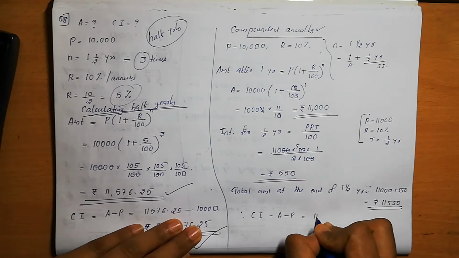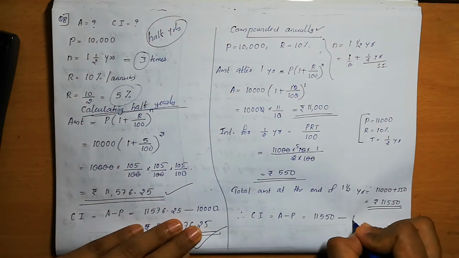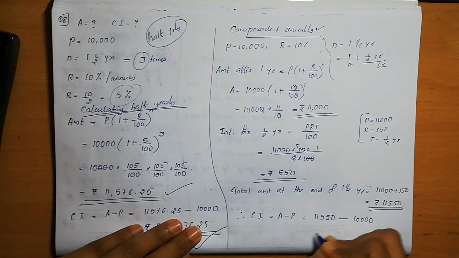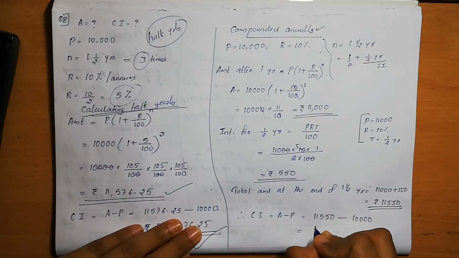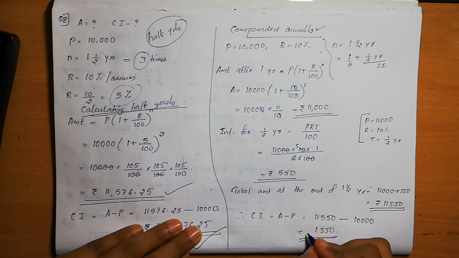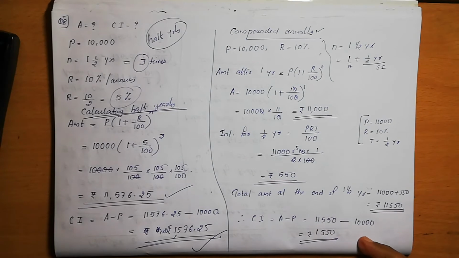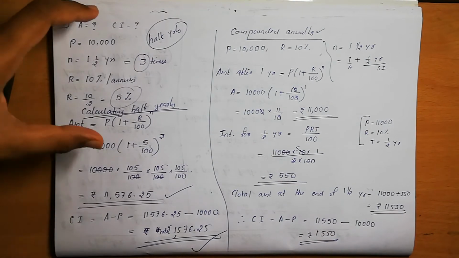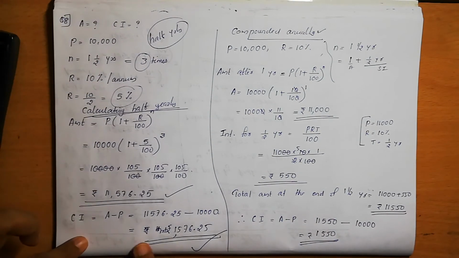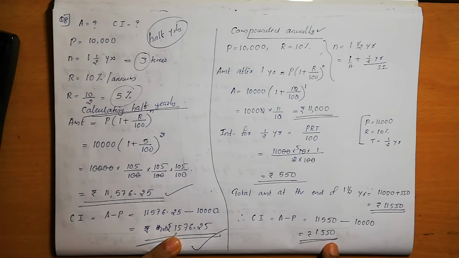That means 11,550 minus the principal value 10,000. Correct. So when you subtract, what we will get? 1,550 is the compound interest we will get. If it is calculated half yearly, the compound interest is 1576. Here the compound interest is 1550. Correct.